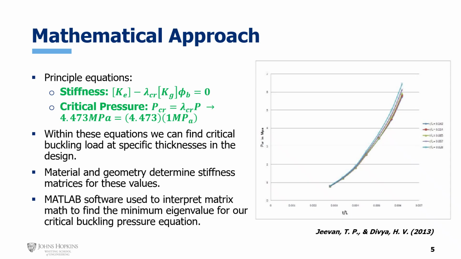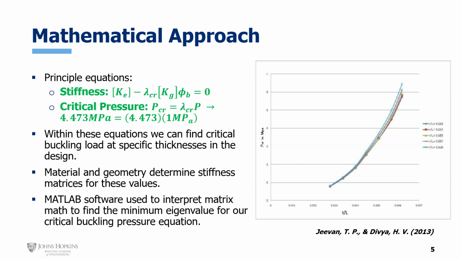We can then use FEA software similar to the study. I think they used ANSYS in the study. We can find the lowest eigenvalue based on shell thickness. To find this value, we have to use a few different matrices. These are determined by the FEA, such as the elastic stiffness matrix, which is based on the geometry and material, and the geometric stiffness matrix, which is determined from internal pressure.